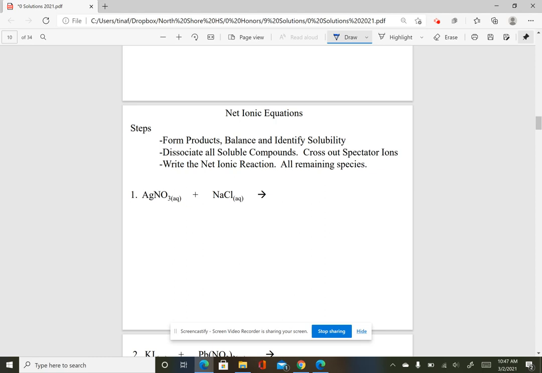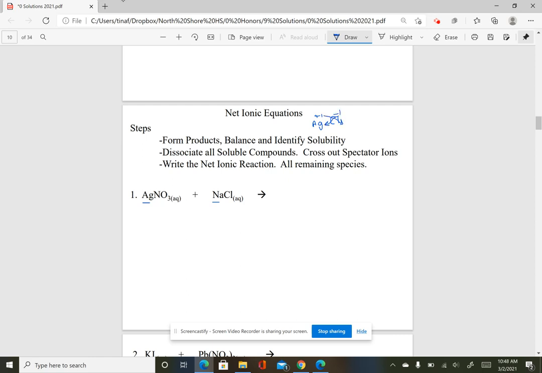When I have two compounds, I know that the only type of chemical reaction that can take place is a double replacement reaction, right? So my Na and my Ag are going to switch places. Ag is going to combine with Cl. I have to look up their oxidation states and crisscross them.